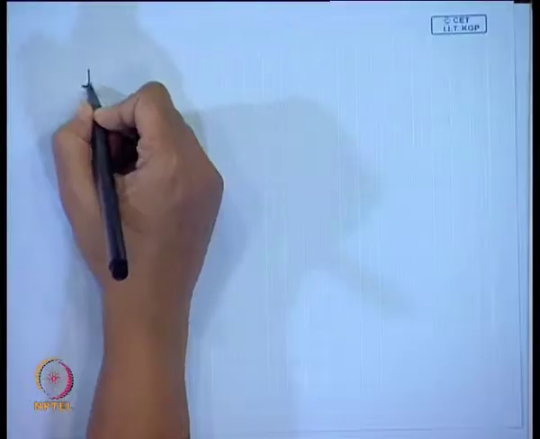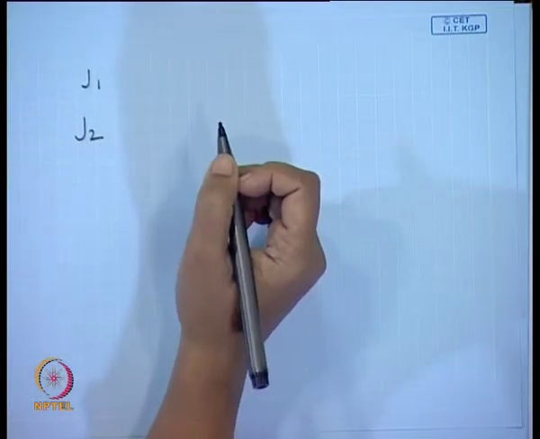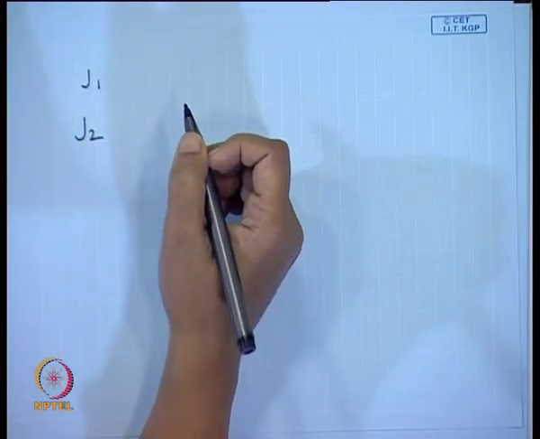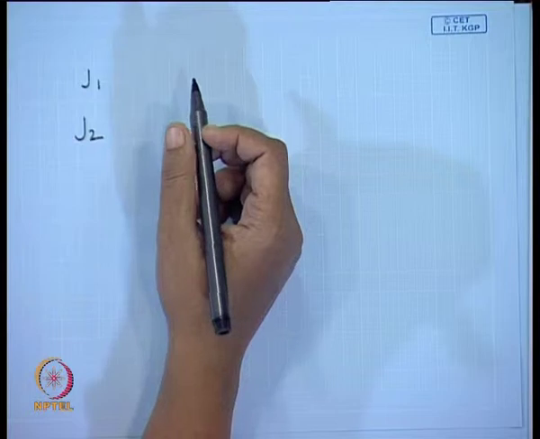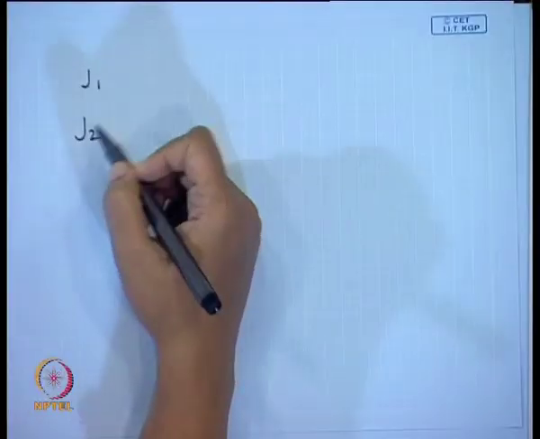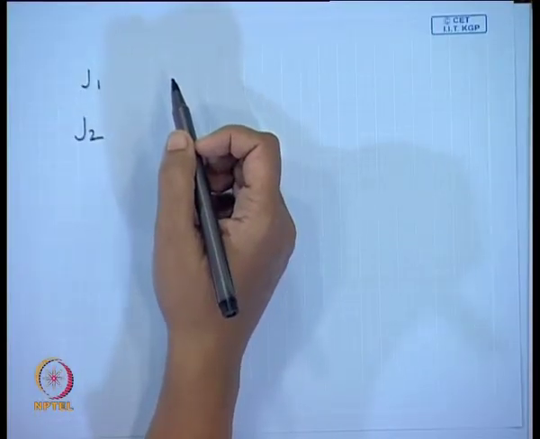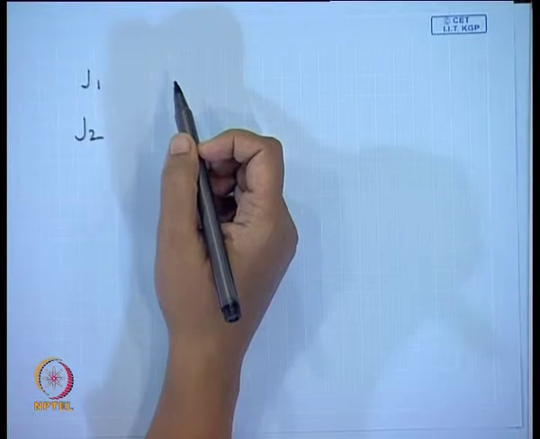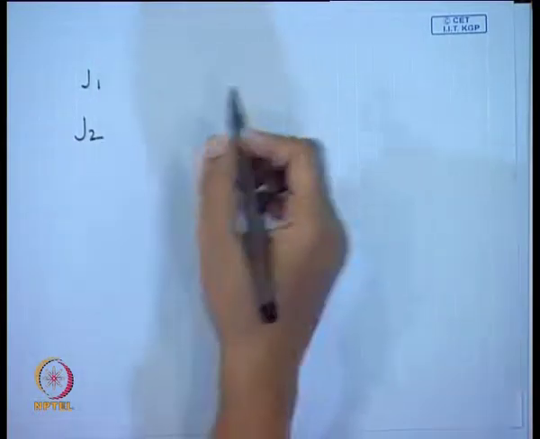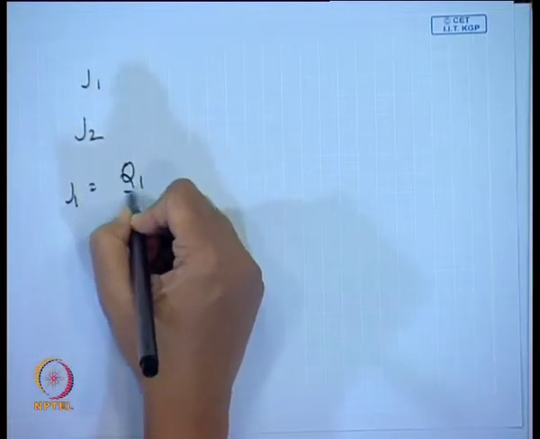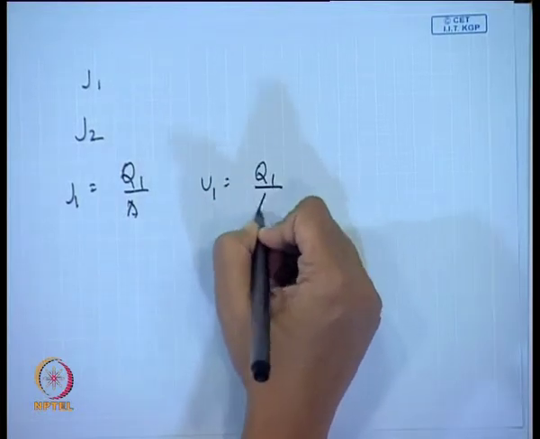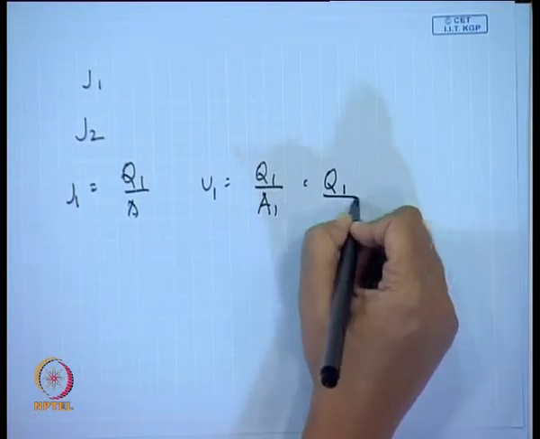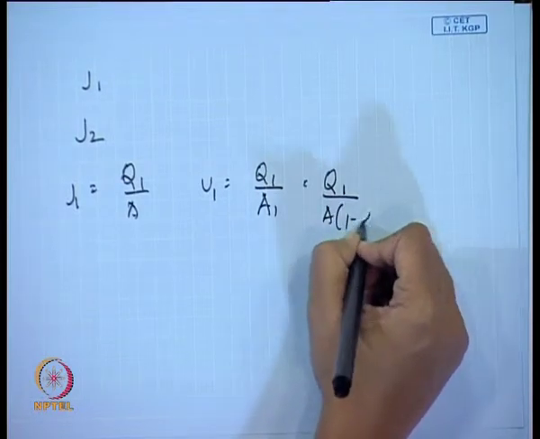For example, how are these component fluxes related to the local component concentration and the local velocity, that is, alpha and u? How are J1, J2 related to alpha and u1, u2? Just from the definition, J1 is Q1 by A, and u1 is Q1 by A1, which is Q1 by A into 1 minus alpha.